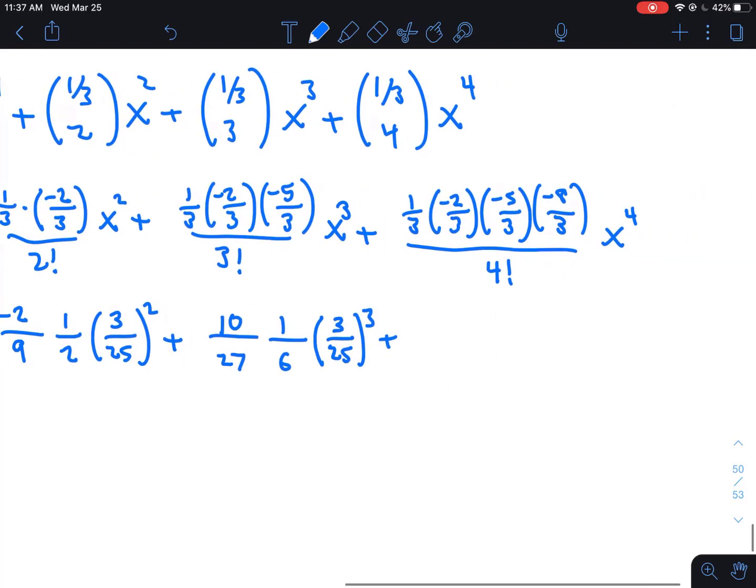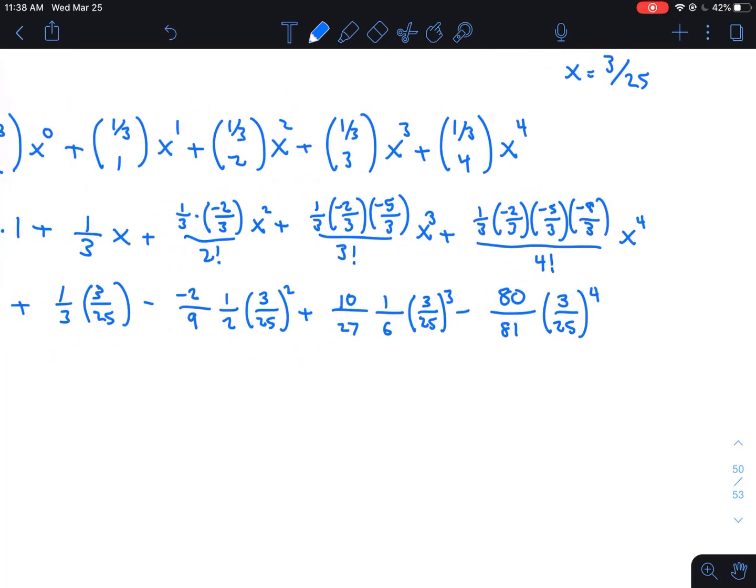And last one, 3 times 3 times 3 times 3 is going to be 81 in the bottom here. In the numerator, we have 10 and then 8, so 80 on the top. It's negative because there are 3 negative signs there. And then we're going to have 3/25 raised to the 4th power.